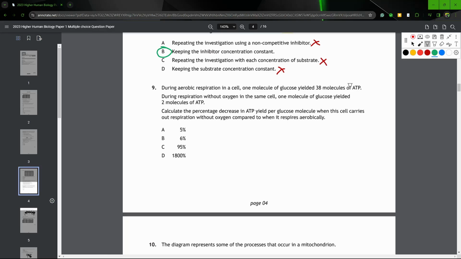Well, this is a bunch of nonsense words for basically just a maths issue. So percentage decrease. We want to find the change in these two. That's easy enough. We can just go 38 take away 2 equals 36. And then we just do a percentage calculation.